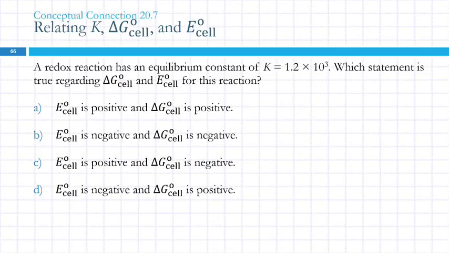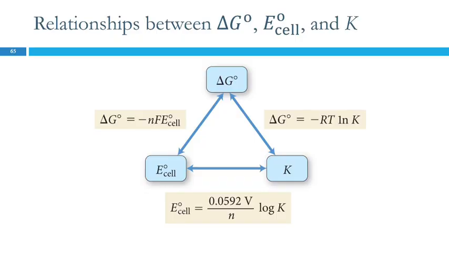Okay, a redox reaction has an equilibrium constant of K equals 1.2 times 10 to the 3. Which statement is true regarding delta G and delta E for this reaction? So we need to think about these relationships.